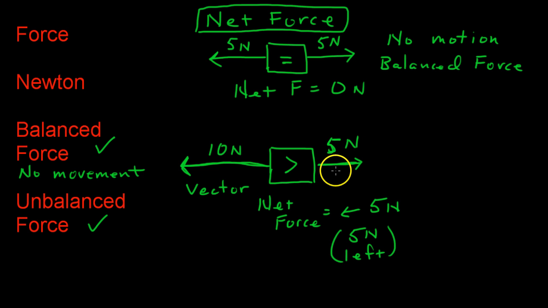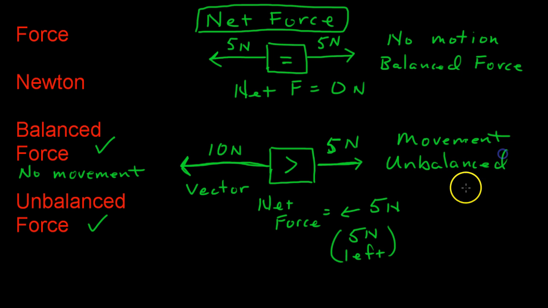And of course, since there is a net force, this box would be moving. And that would be an unbalanced force. Okay, and so an unbalanced force would have some sort of movement connected to it.